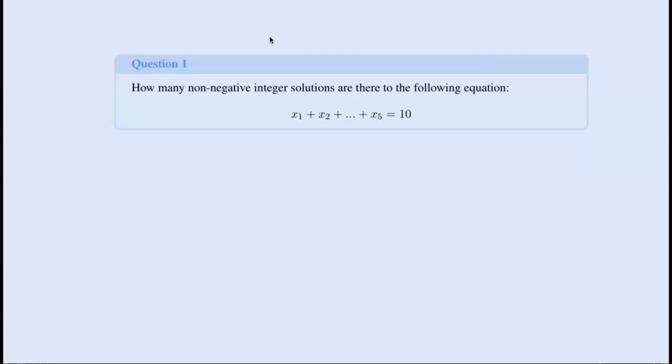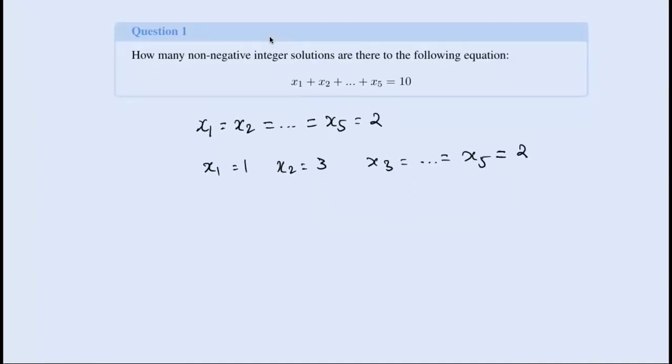So one of the solutions you might come up with is x1 equal x2 equal x3, x4, x5 equal to 2, right? Or you can have x1 equal to 1, x2 equal to 3, and then x3 to x5 equal to 2. So why does this relate to the combinatorics that we are talking about?